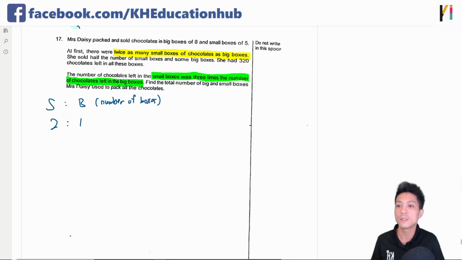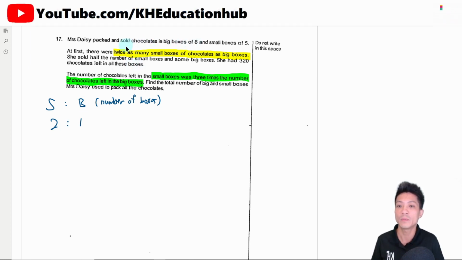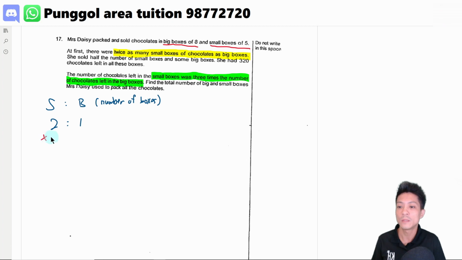So the next thing I'm going to do is convert this into the ratio of the number of chocolates. Using big boxes of 8 and small boxes of 5, when I multiply this ratio by 5 and 8, it becomes 10:8.